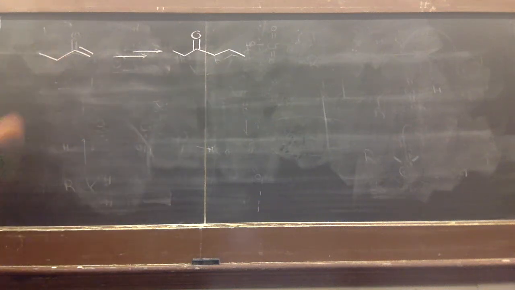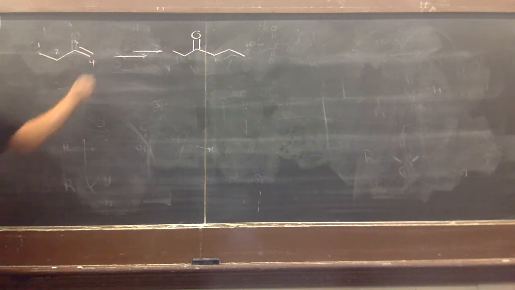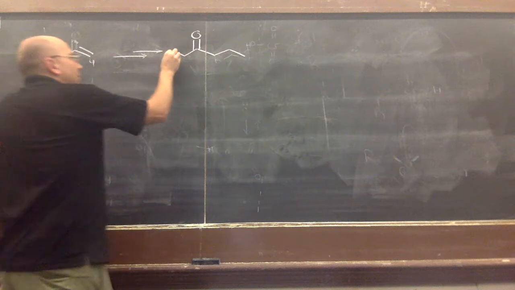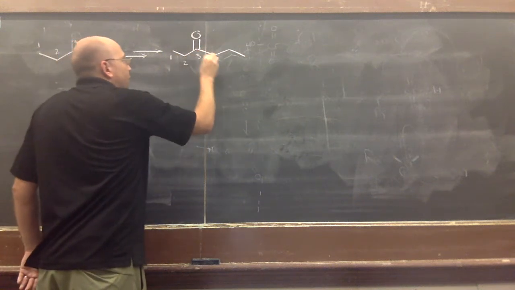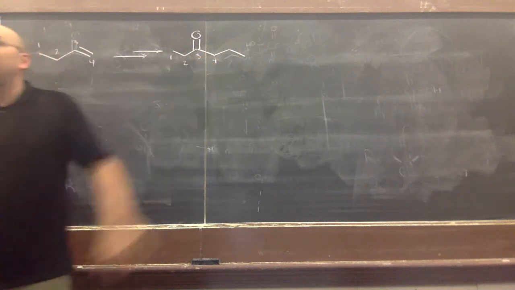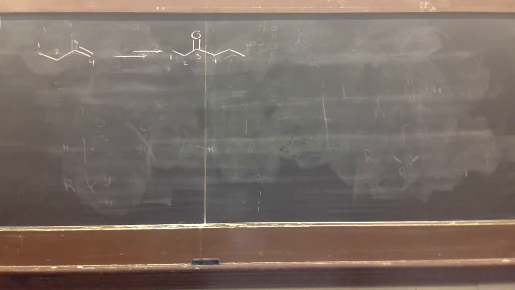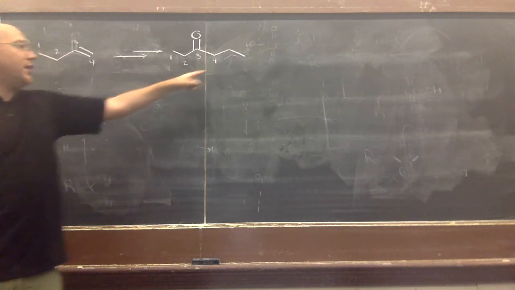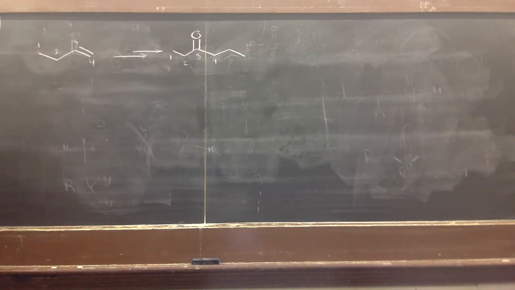And so what I mean by that is, if we assign those carbons in this fashion, we might be inclined to think that the 3,4 bond of this alkene would ultimately become the 3,4 bond that I outlined there. So the 3 would ultimately become a carbonyl, and the 4 would ultimately be that external bond.